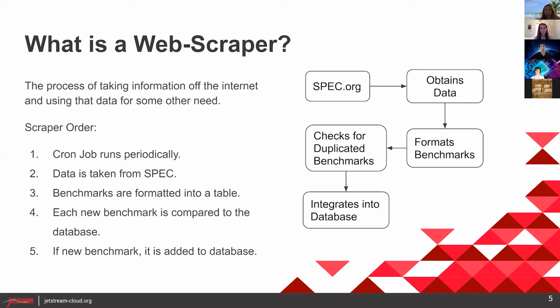There are a lot of different parts that take the data in mass and organize it into a more usable format, a benchmark that we can actually compare to each other. Once we have those benchmarks, we will make sure there are no duplicates within our database, and then we will integrate anything new into the database. This is what we use Jetstream for. It stores our database and our web scraper. All the code will be stored on Jetstream.